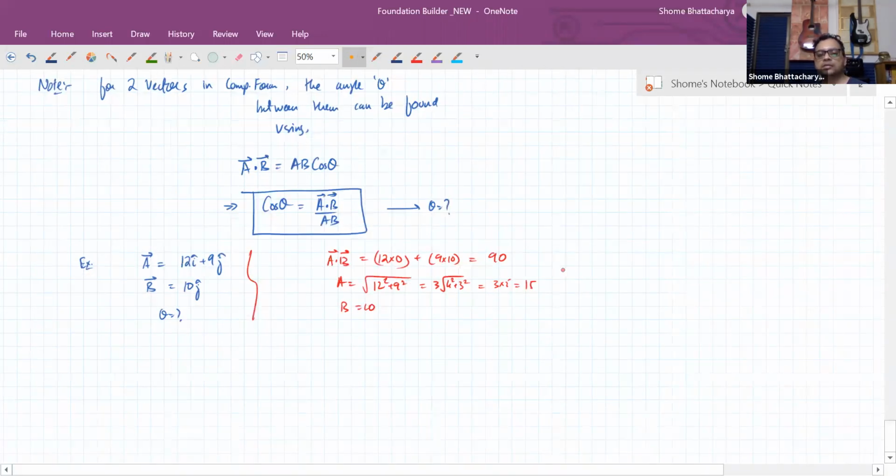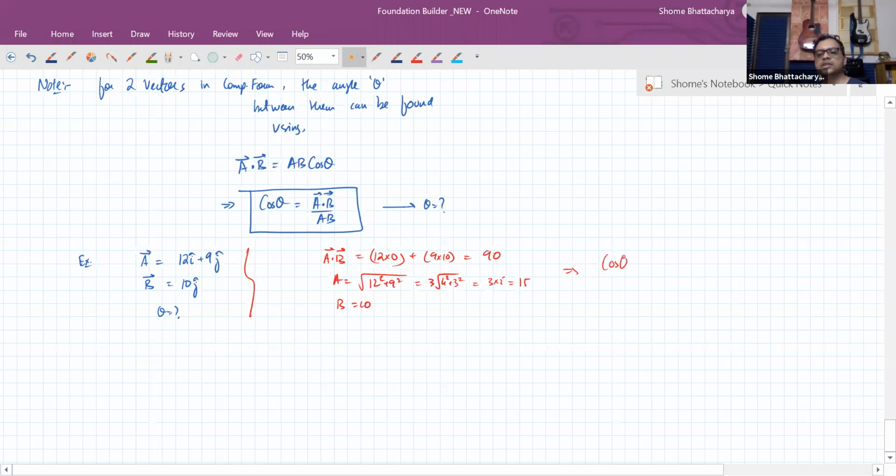Cos theta is A dot B divided by AB. A dot B is 90, A is of magnitude 15, and B is of magnitude 10. So cos theta is 9 by 15 or 3 by 5. So the angle between them is 53 degrees.